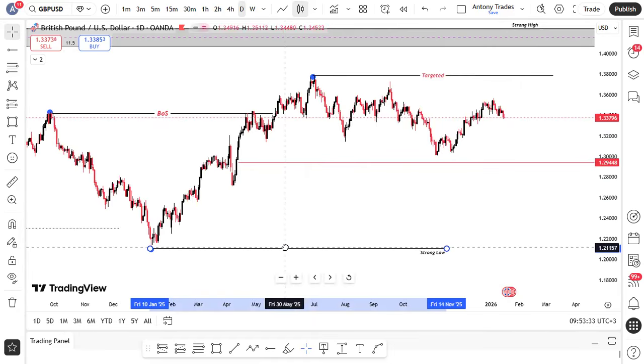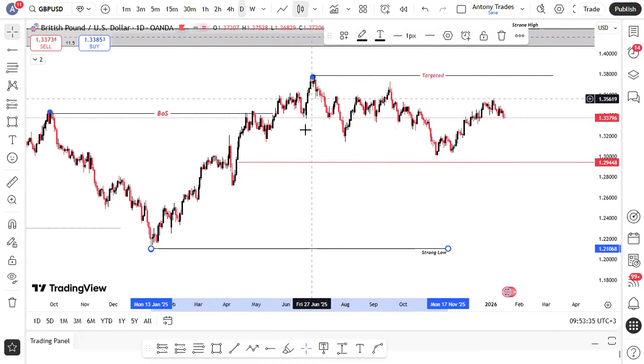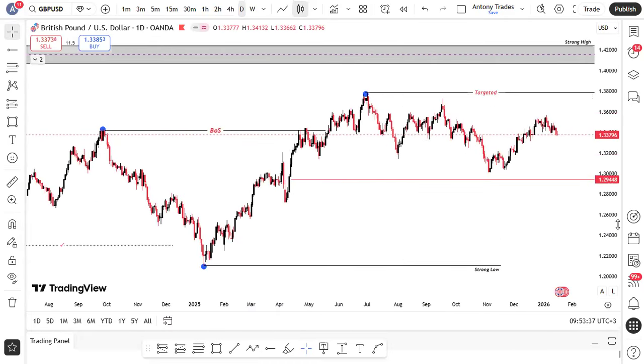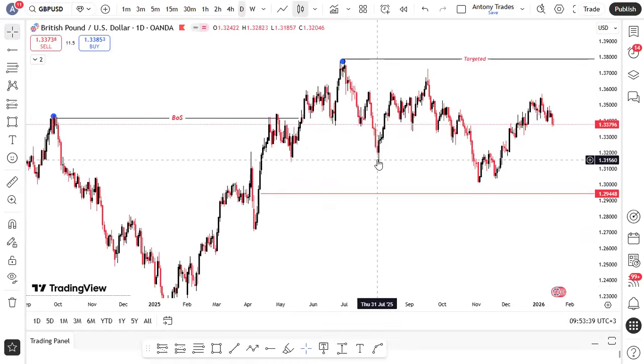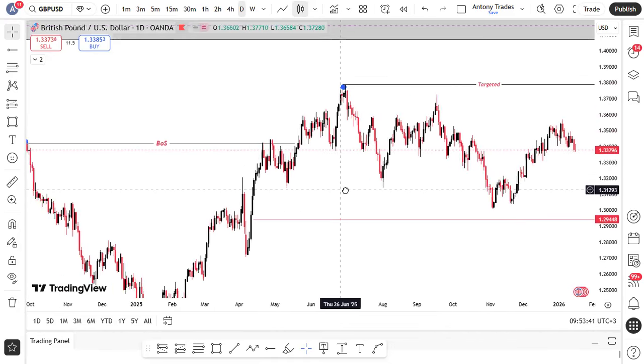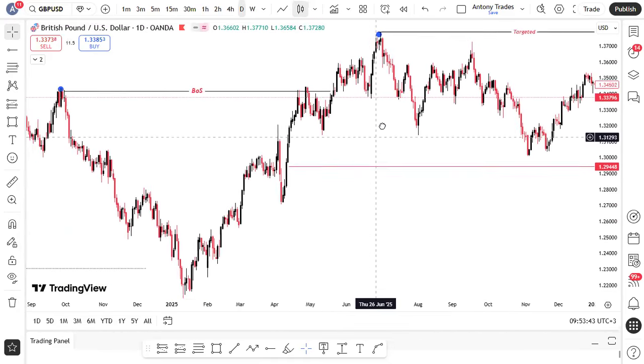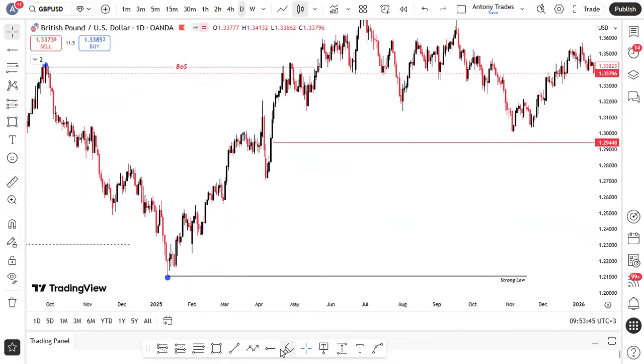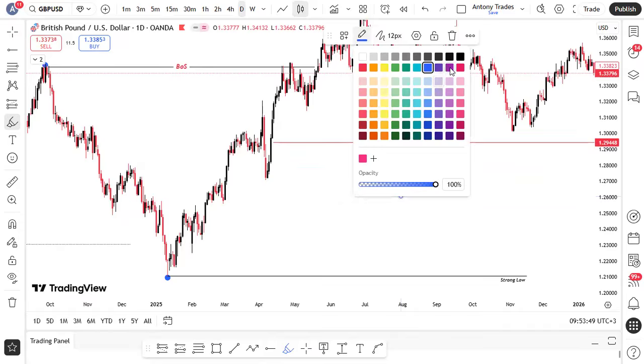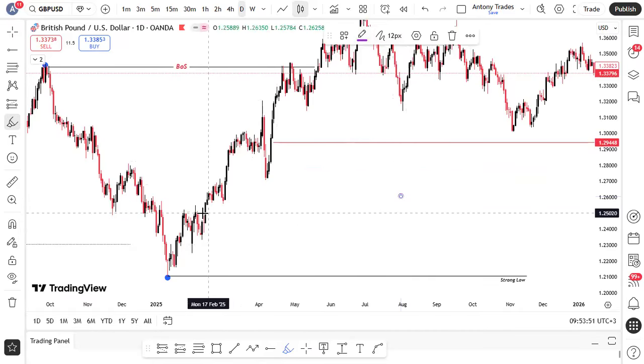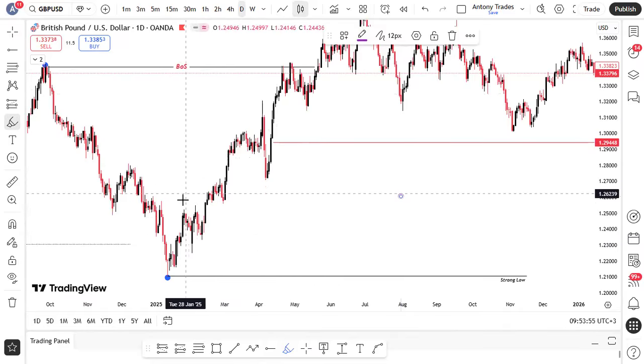Now that we know that, we need to read the market structure on this time frame. That is the daily time frame. What is the daily time frame telling us? If we read the market structure here, you can see very clearly, let me use a different color, the market was making a series of higher highs and higher lows.